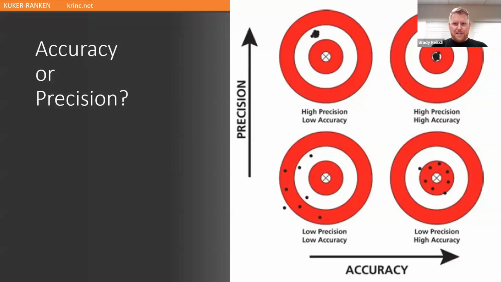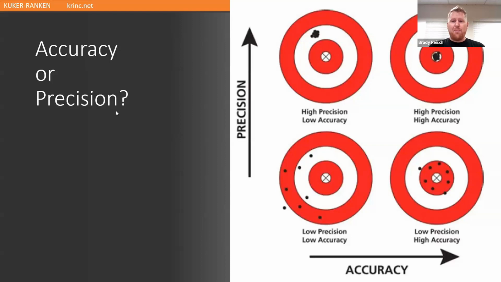Another piece that we really need to preface before we start talking about the sensors in particular is precision versus accuracy. You can certainly check out the Kuker-Ranken blog, where we have more information on that. We also have some mapping guides and some information about LiDAR specifically. But ultimately, if you have a target and you are trying to put a hole in that target, high precision means that you have a really close group, but you're not very accurate because you're trying to aim for the center of that target.